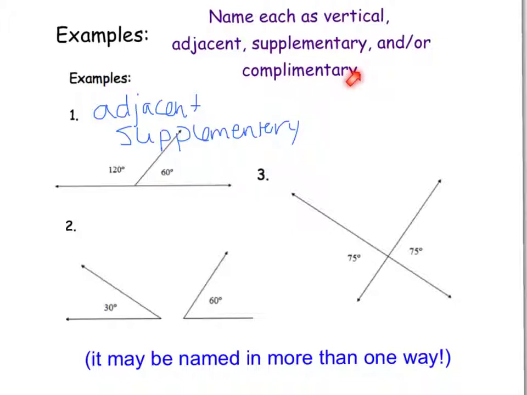So 2, complementary. 3, we're talking about these two angles. They're not adjacent because they're not next to each other. 75 plus 75 is not 180 or 90. So the only way we can describe these are vertical. They're across from one another. So 3, vertical.